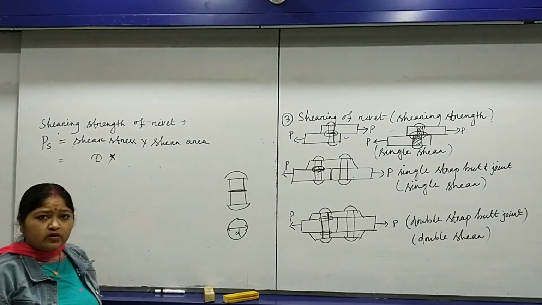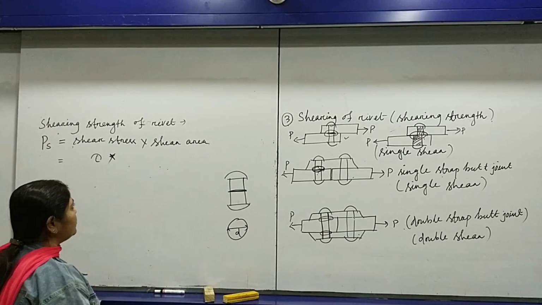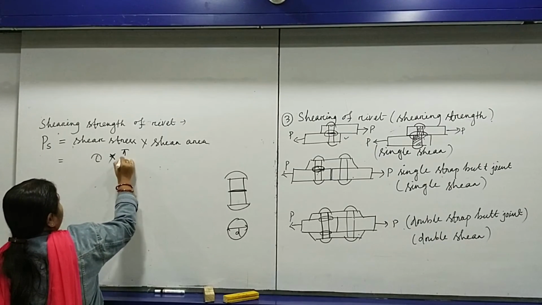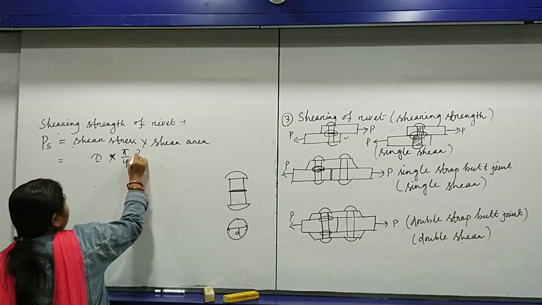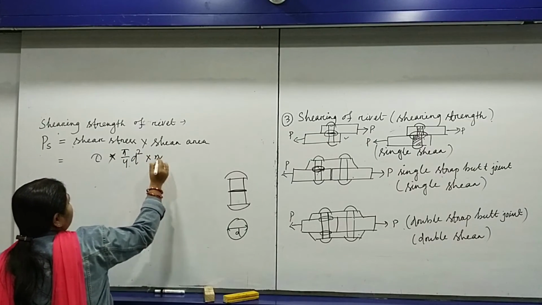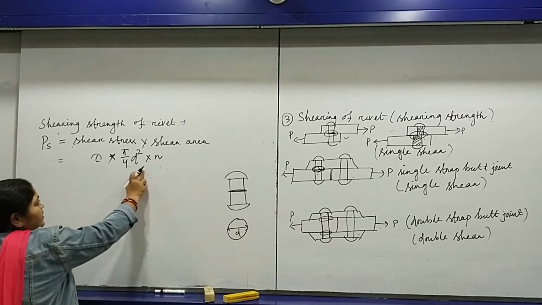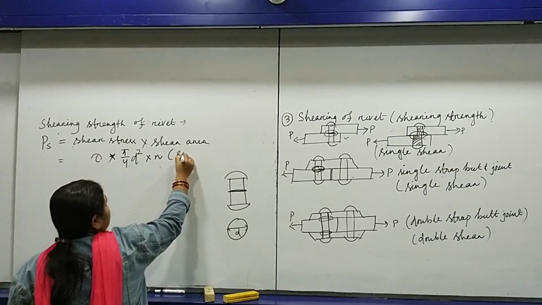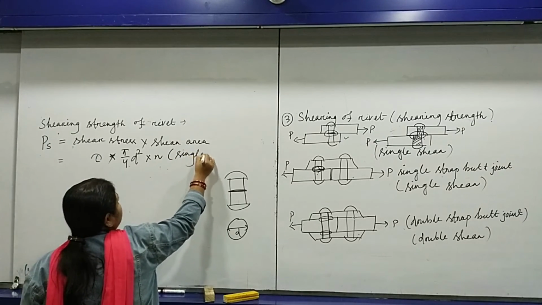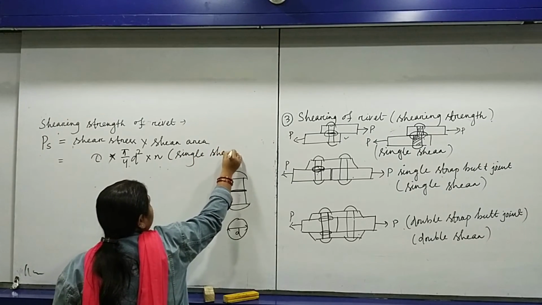So what is the formula for the area of a circular cross section? Pi by 4 d square, and for number of rivets n, it is multiplied by n. Okay, but this formula is applied for single shear.